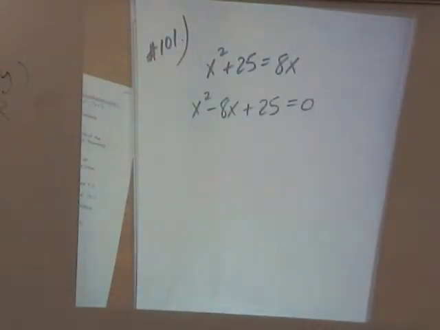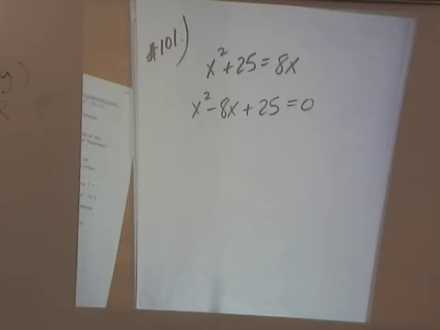Can we factor that? No. So what are our options? Quadratic formula or completing the square, right? What do y'all think? Quadratic. Alright, one of those two you gotta do.